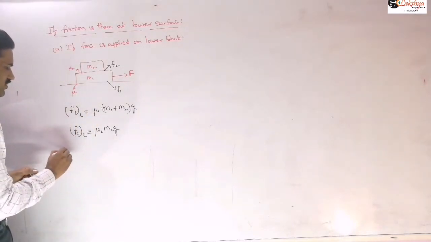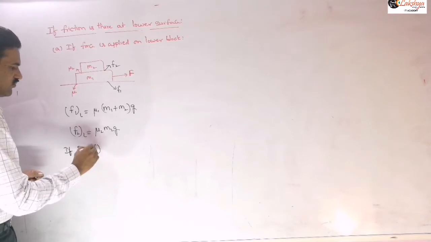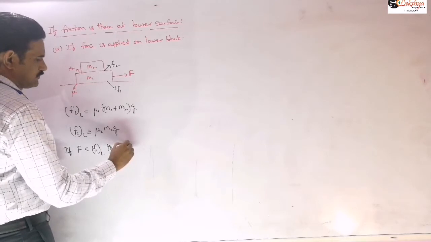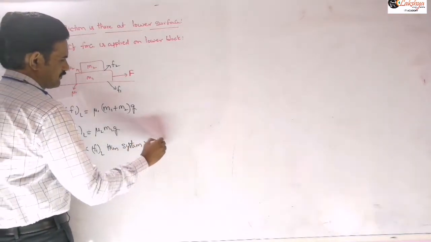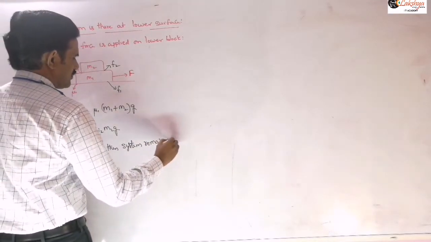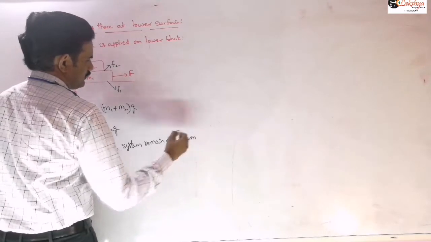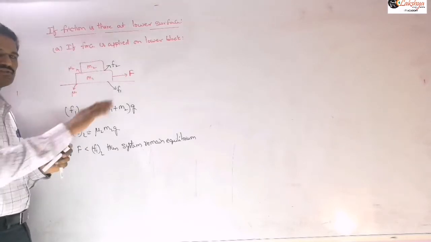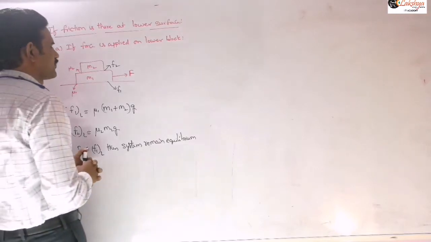That means if F is less than F1 limiting, then the system remains in equilibrium, right? When the applied force is less than the limiting friction, the system will remain at rest only, so the system remains in equilibrium.